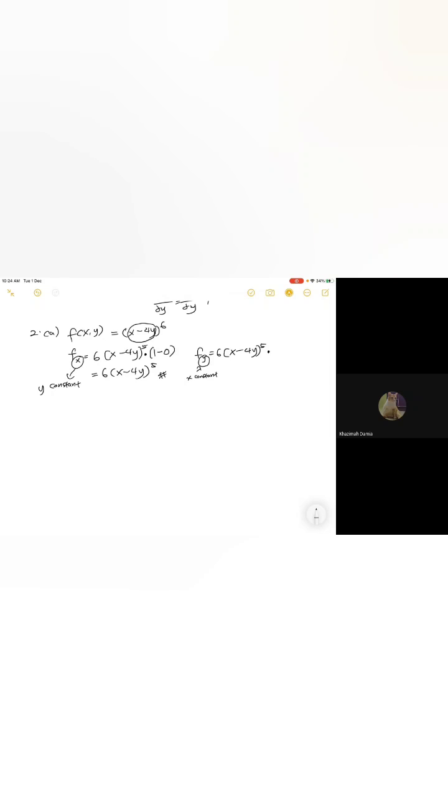And then you darab, you bezakan dalam ni pula with respect to y now. So x will become 0. The negative 4y will become negative 4. So yang ini boleh darab dengan 6 ni, which is negative 24(x minus 4y) to the power of 5. Okay, so that's it. That's your answer.